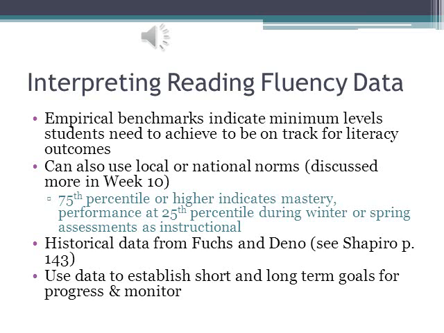So you could compare your students' performance to those percentiles. And we're going to talk much more in week 10 about the strengths and limitations to using local norms versus national norms versus even benchmarks. In addition, in your Shapiro text, there's some historical data that give an idea about instructional, frustrational, mastery levels published by Fuchs and Deno.